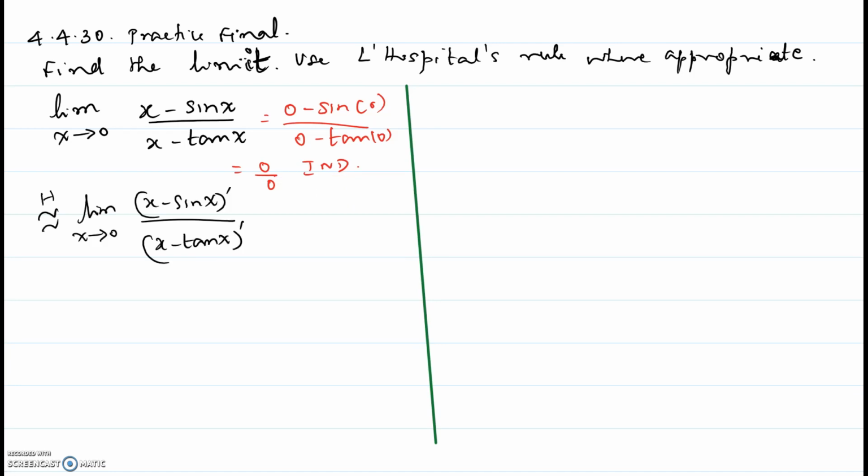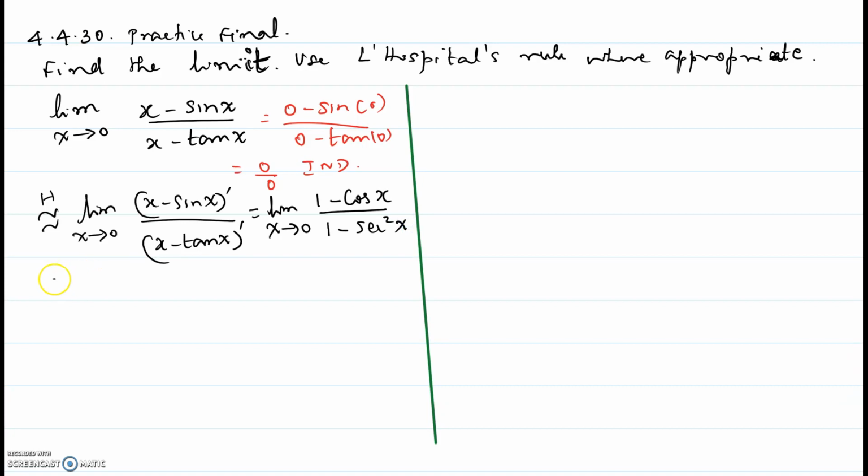Now we are allowed to apply L'Hopital's rule. So we use this symbol and the limit as x approaching 0 of the derivative of the numerator over the derivative of the denominator. The derivative of x is 1, minus the derivative of sine x, which is cosine x, divided by 1 minus the derivative of tan x, which is secant square x.